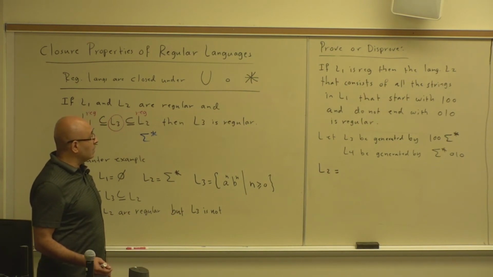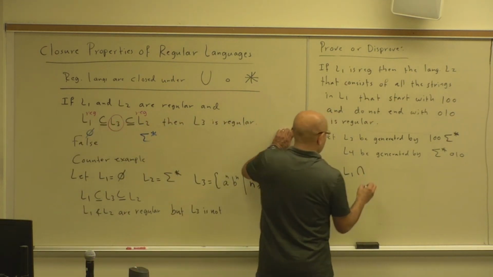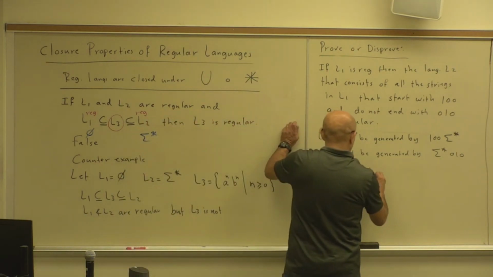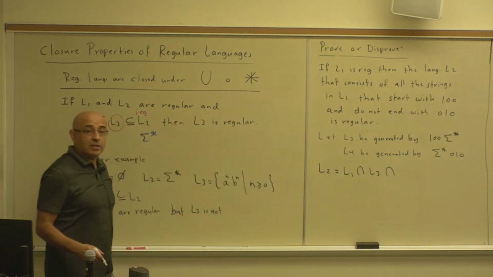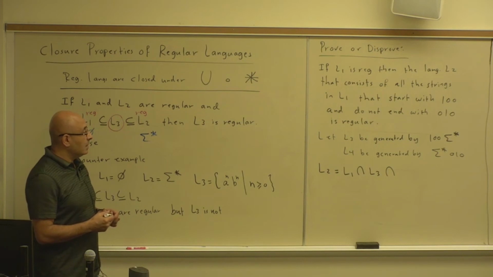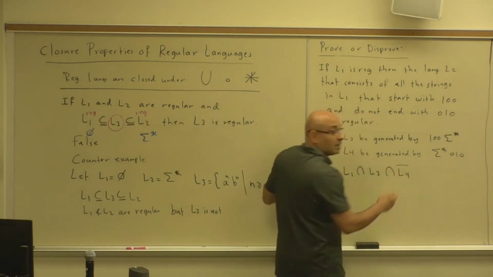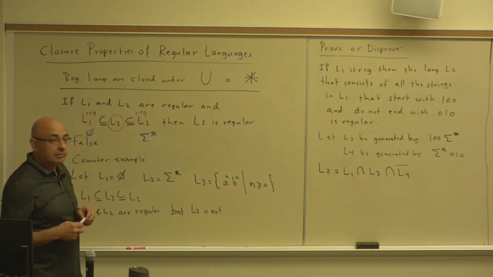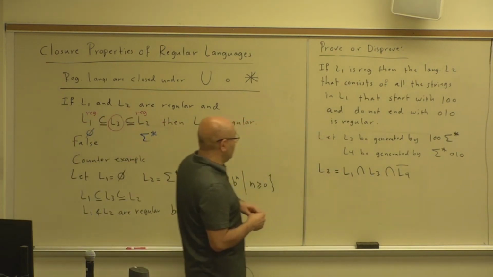L2 equals L1 intersected with L3, intersected with the complement of L4. Right? So L1 intersected with L3 intersected with the complement of L4.